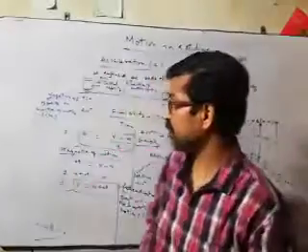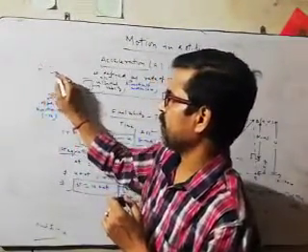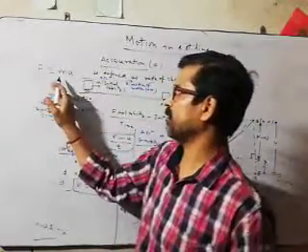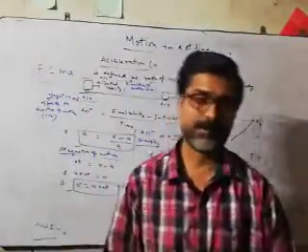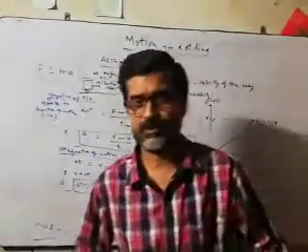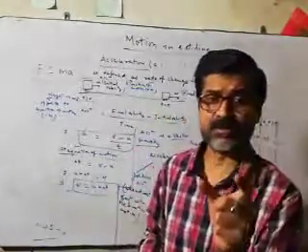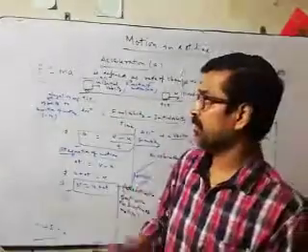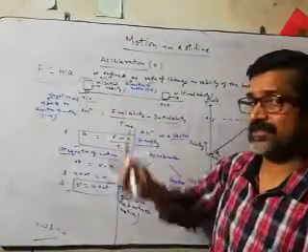How is acceleration produced? Newton's second law of motion says that acceleration can be produced with the help of force: F is equal to m a. So the direction of force decides the nature of acceleration. If the direction of force is in the direction of motion, then it is positive acceleration.